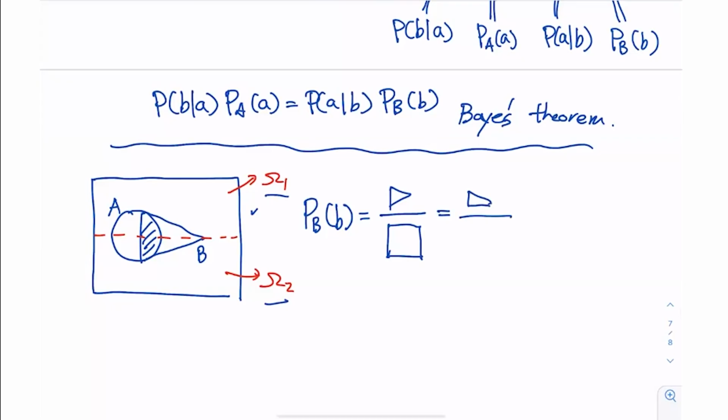Let's consider the events within this omega 1 space, and then we divide by omega 1. Okay. And then again, we divide and we multiply. Basically, we're not doing anything useful, but we can still do that.